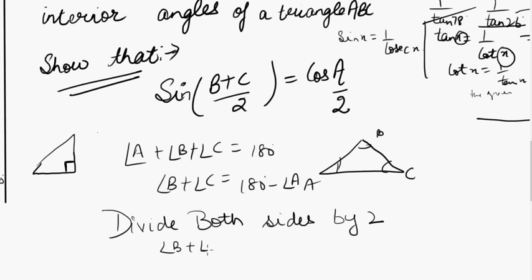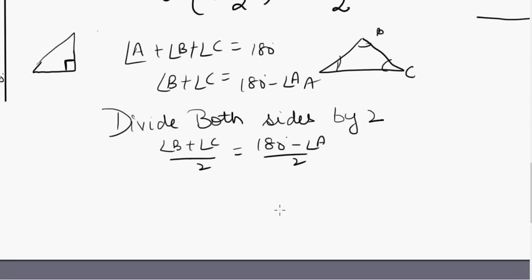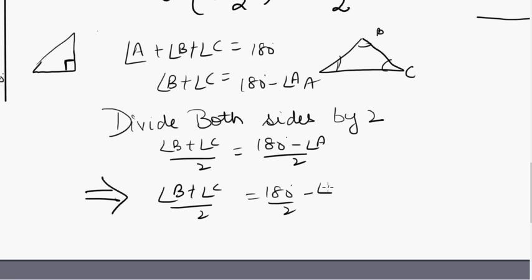We will get angle B plus angle C over 2 equals 180 degree minus angle A over 2, or angle B plus angle C by 2 equals 180 degree over 2 minus angle A over 2. That is, angle B plus angle C over 2 equals 90 degree minus A by 2. Now take sine of both the sides.